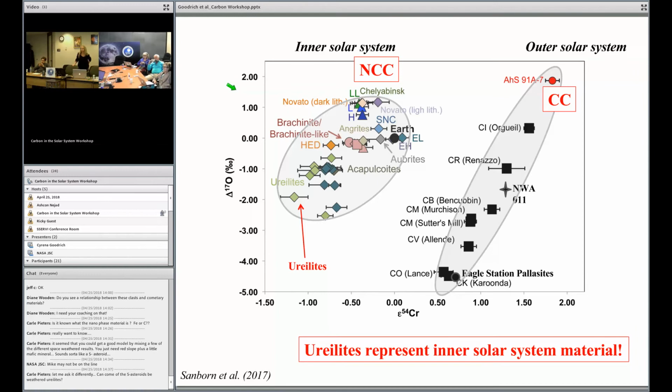So let me ask a completely crazy question, which is what this carbon workshop is good for. Earlier today we talked about how in Mercury, if you had a magma ocean byproduct, you might get a graphite-rich residue which would float to the surface, and that would presumably be very carbon-rich.